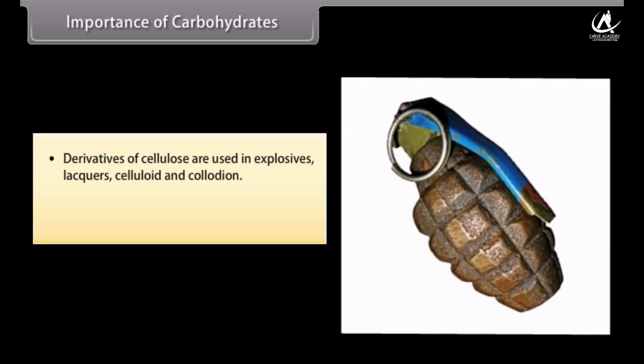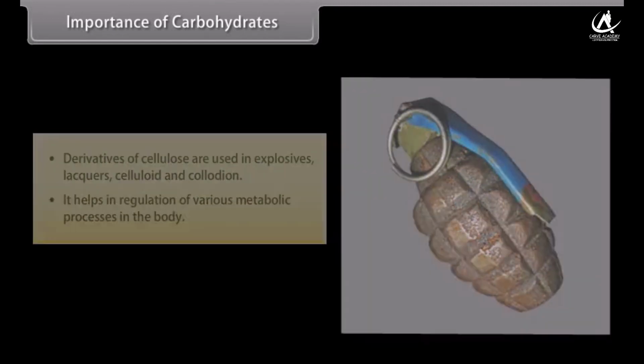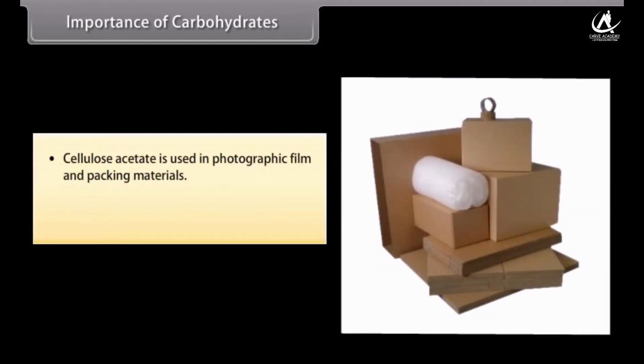Derivatives of cellulose are used in explosives, lacquers, celluloid, and collodion. They help in regulation of various metabolic processes in the body. Cellulose acetate is used in photographic film and packing materials. They are present in storage form of food in plants as starch.